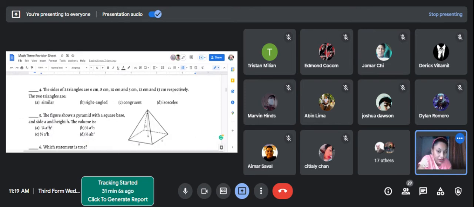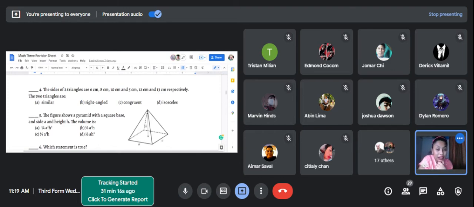Okay. Number 4. We can do number 4 and number 5 with the time that is left, right? Number 4 says the sides of two triangles are, for the first one, 6, 8, and 10.